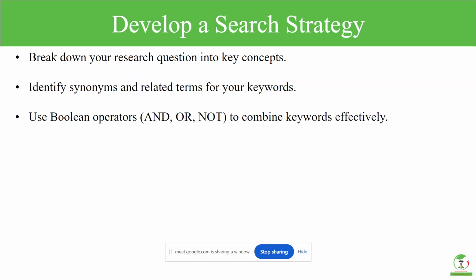If you're going to look for research articles on the prevalence of hypertension, and that is what you search, yes, you can get some work, but you may miss out on other articles that do not have the word hypertension, but have the words high blood pressure.